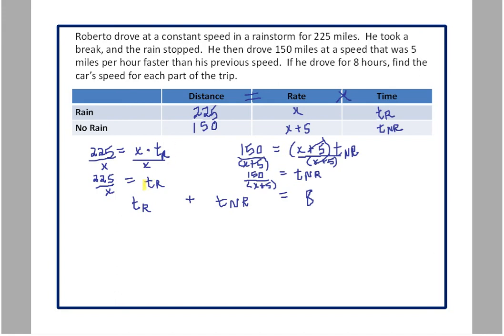Now we're going to substitute in. We know T of R is 225 over x, so in place of T of R, we substitute 225 over x.